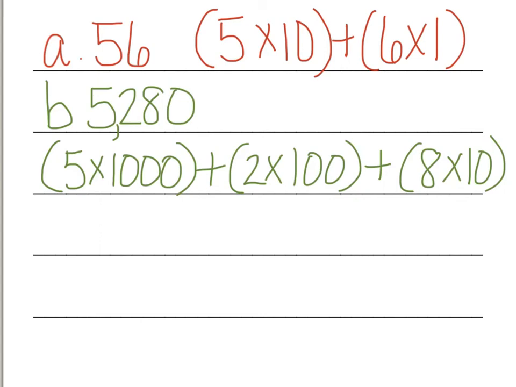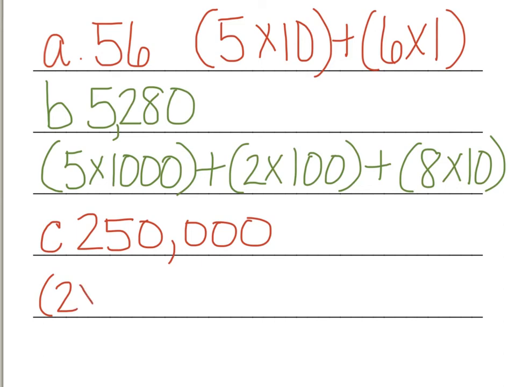One more, you writing expanded will kick this one up just a notch more. 250,000 in expanded form. May look complicated, but it really is going to be pretty simple if you're careful. Should have 2 times 100,000.